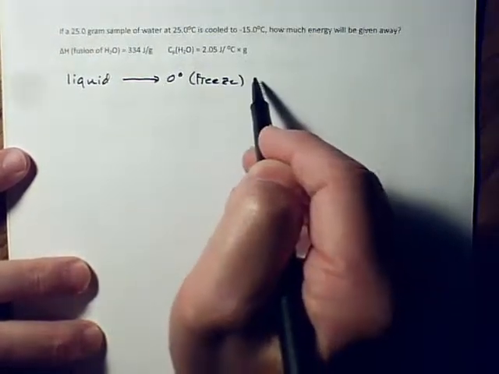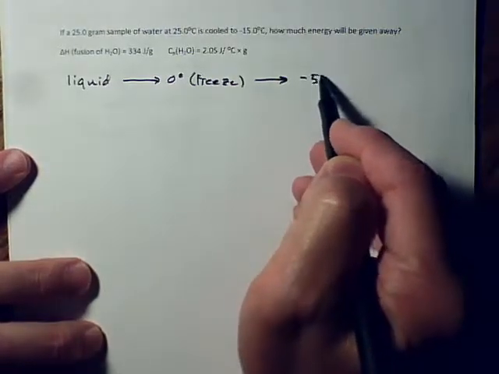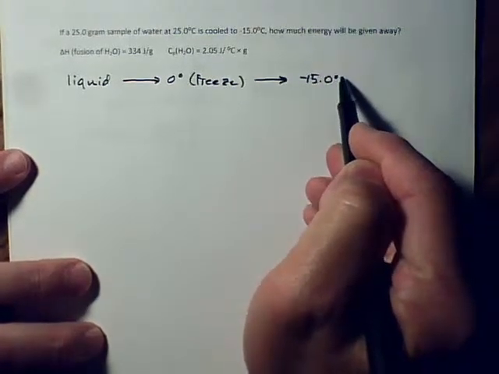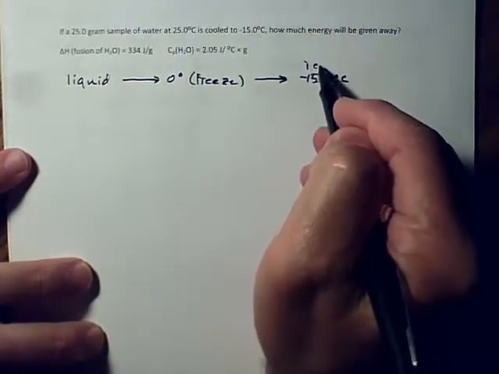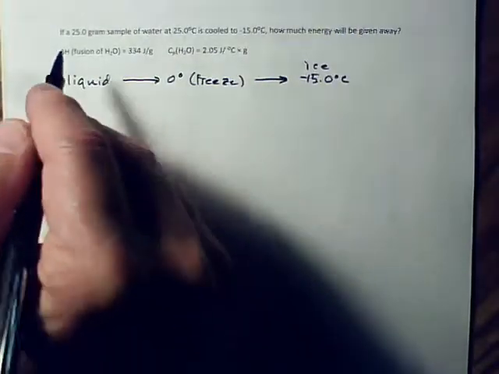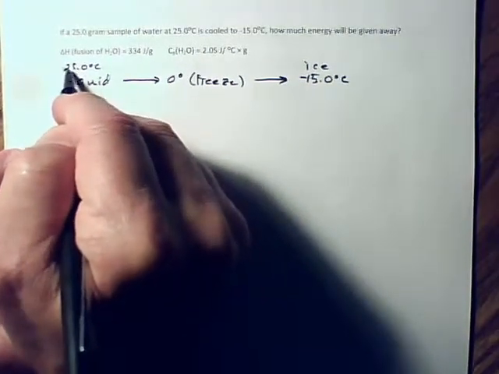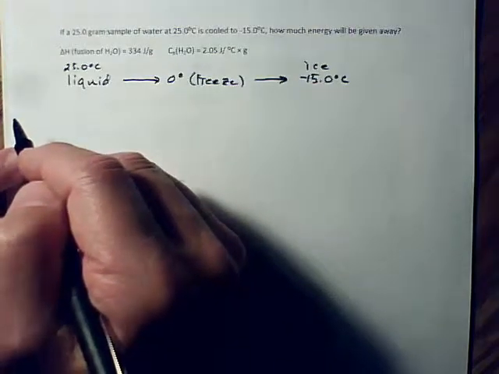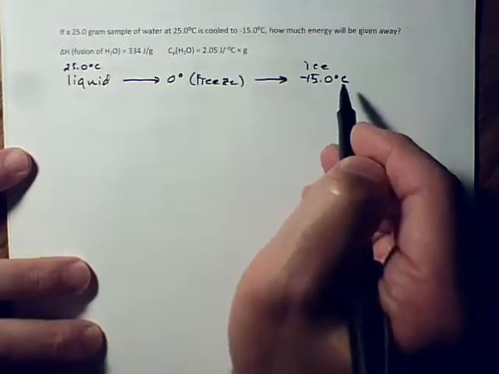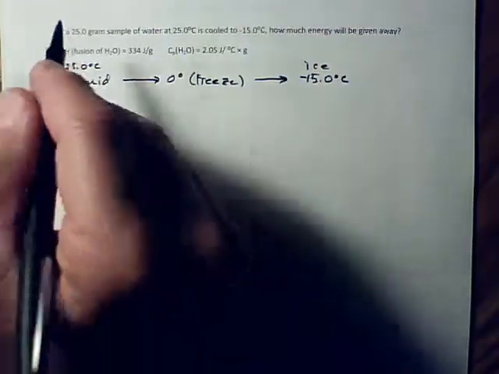And then after we freeze it, we cool it down again to negative 15 degrees C. And this is going to be ice. It's not going to be liquid anymore. You need to know that between 0 degrees C and 100 degrees C, water is a liquid. Below 0, you have ice. And during that phase transition, something kind of funny happens.